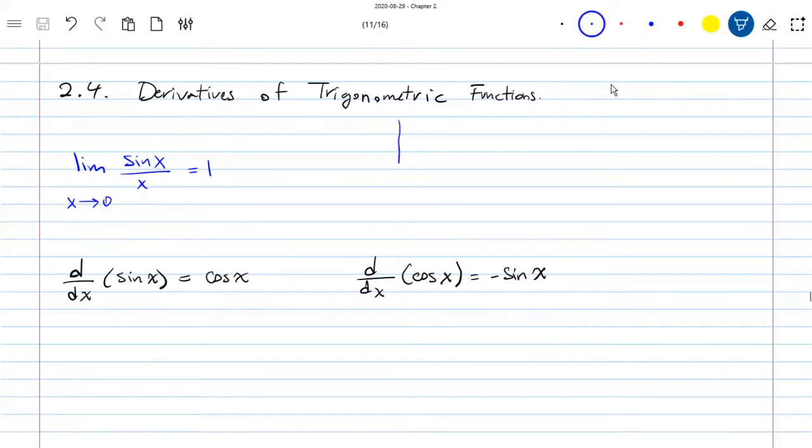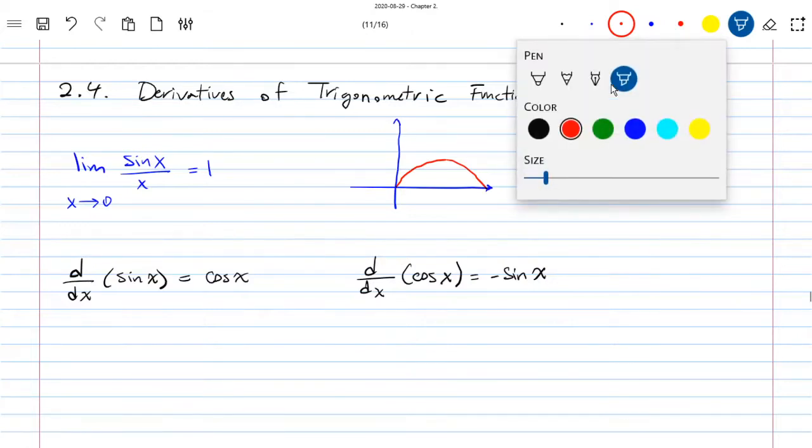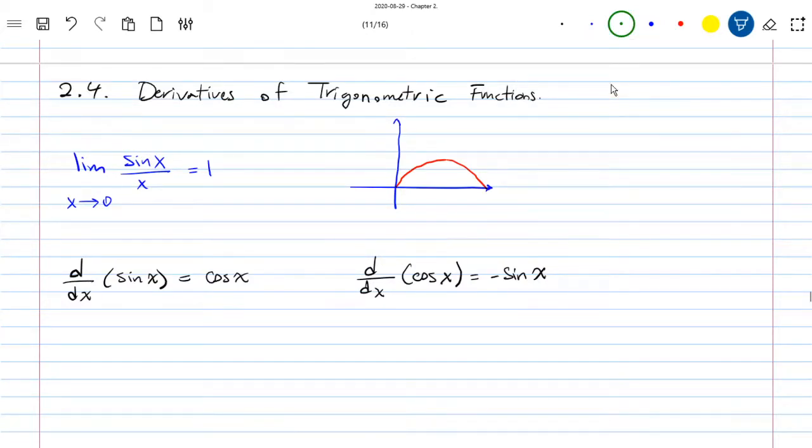But I want to give you an idea of what this really means. If you consider the graph of the sine function, sine looks like that at the beginning, and it goes down after, and so on. And compare it with the graph of y equal to x.